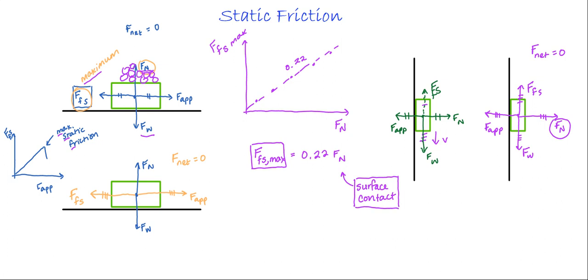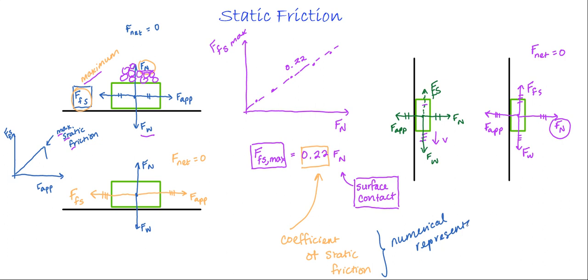Now, to wrap up this video here, what I want to talk about is this very last term, which is this right here in the middle, 0.22, which is defined as the coefficient of static friction. And this term sounds more fancy than it truly is, but what you can think of this term as being is a numerical representation of the surfaces in contact.